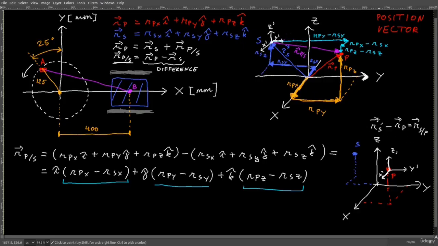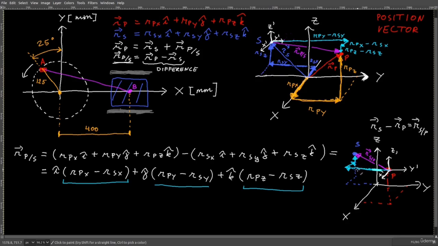So by taking this difference, you only shift coordinate frames, you don't change their orientation. And so your displacement vector would be this one then, your r_s/p, and then your x' component would be this one, then your y' component would be this one here, and z' component would be here pointing up.